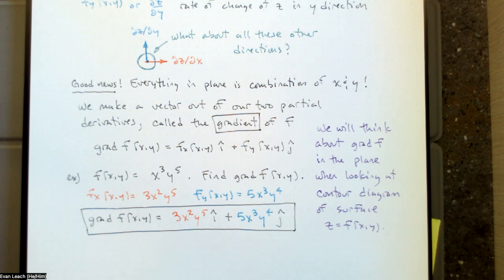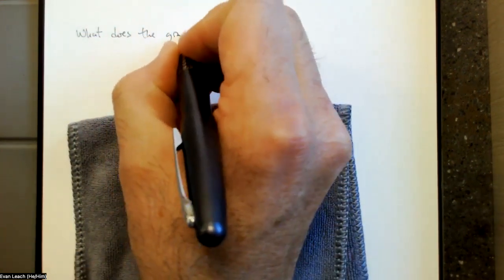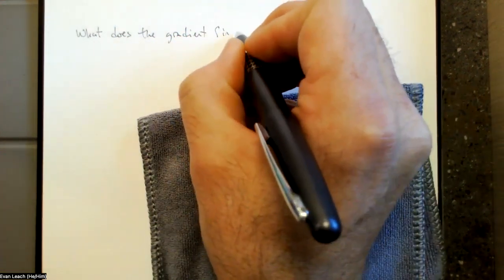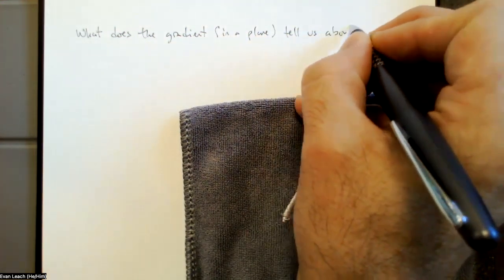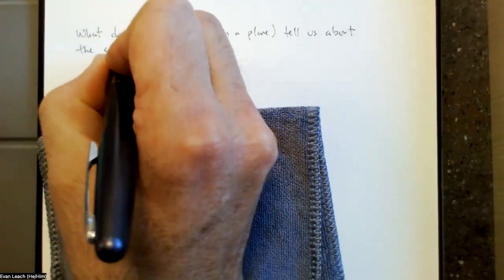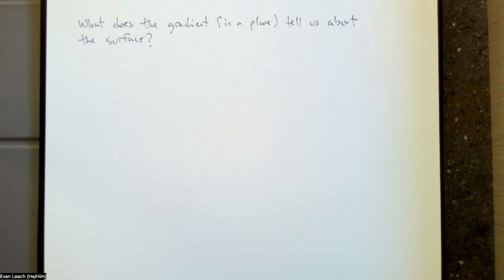So let's think about what the gradient is going to be telling us. How are we going to interpret the gradient? We're going to do this through example.